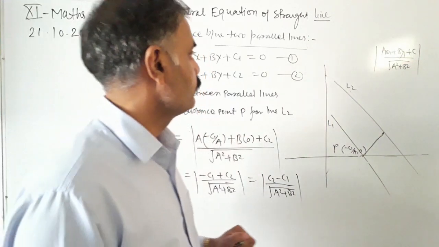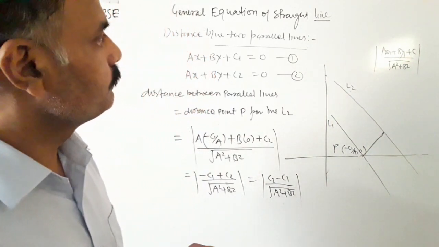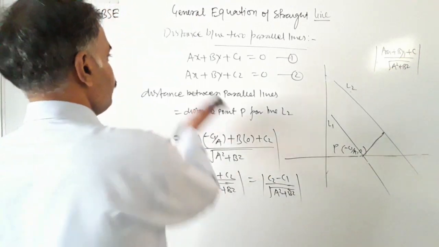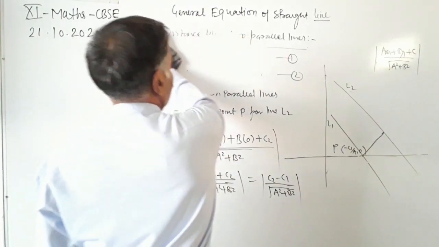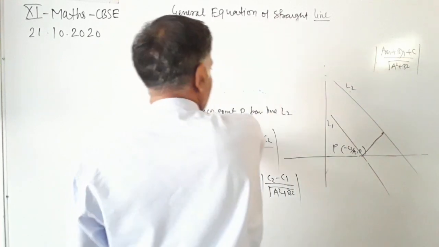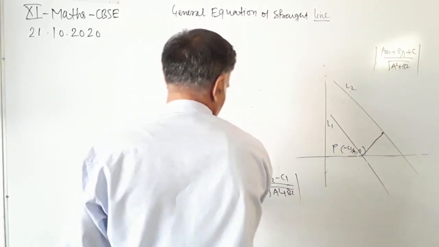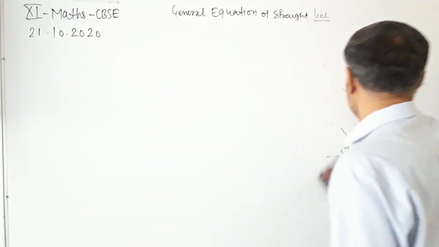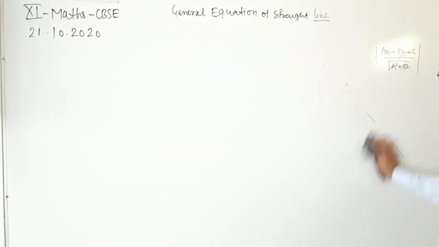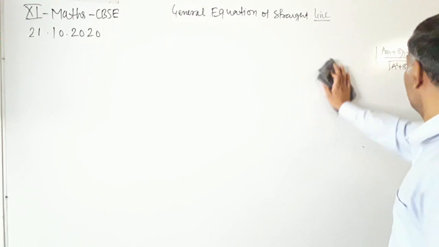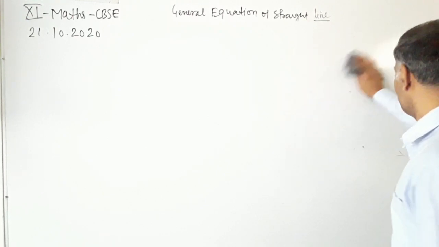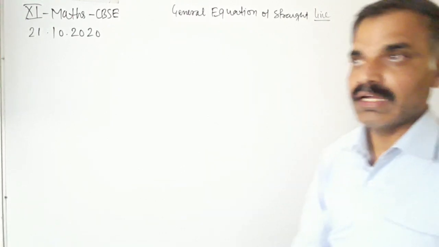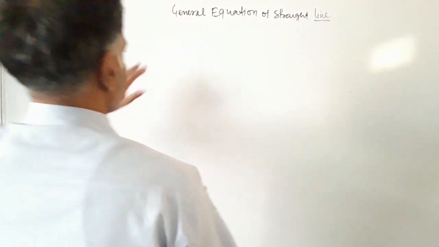Now we have one more topic to discuss, that is perpendicularity and parallelism of two lines whenever lines are given in general form.